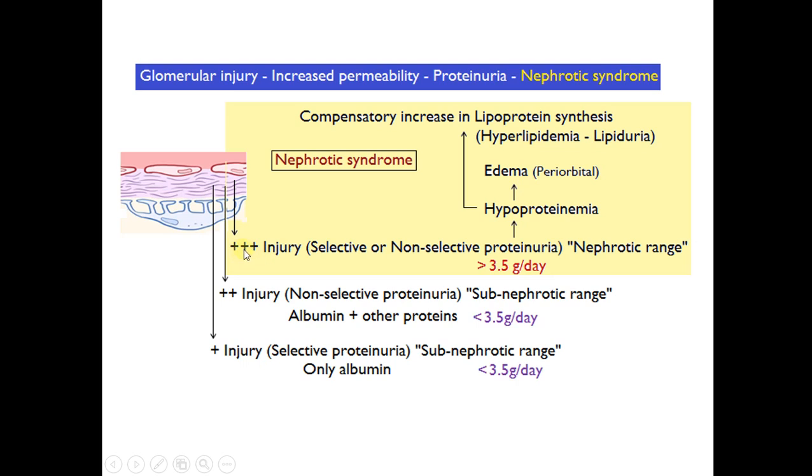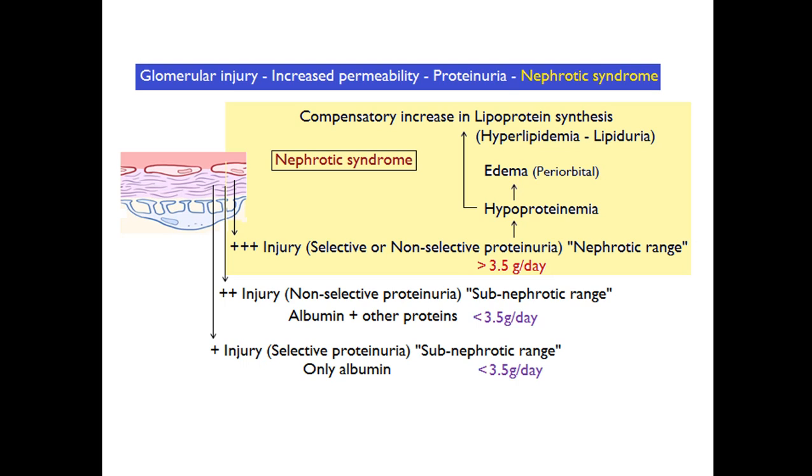However, if the injury becomes more severe, then what happens? The loss of albumin is more than 3.5 grams per day. And now we say that this is nephrotic range proteinuria. It may be selective, only albumin may be filtered, or it may be non-selective, where other proteins along with albumin are also lost in the urine.